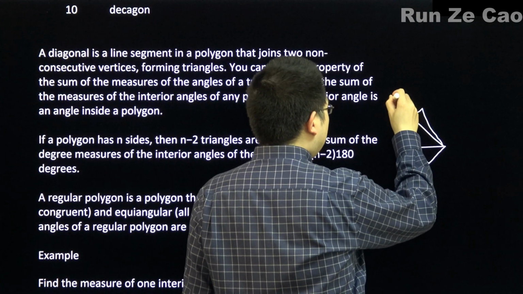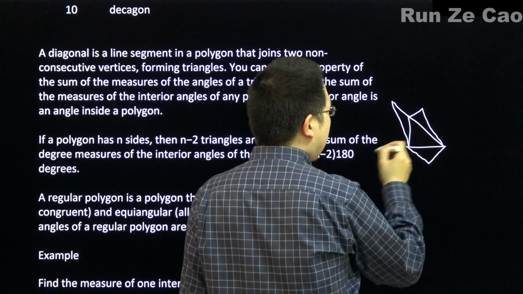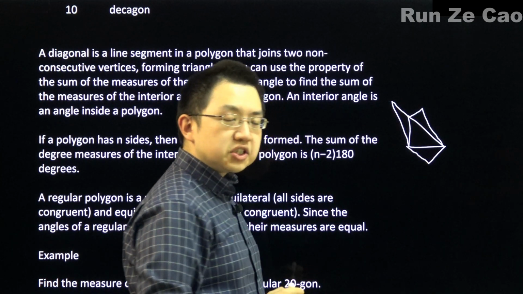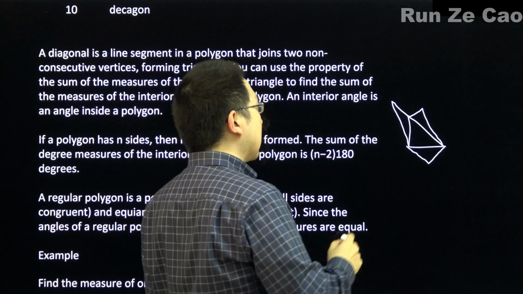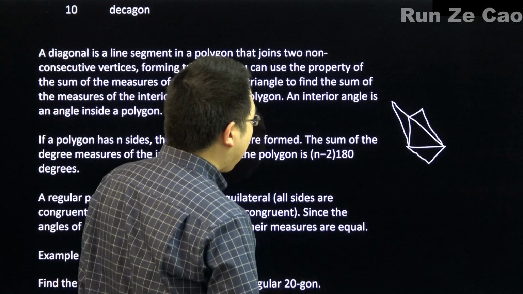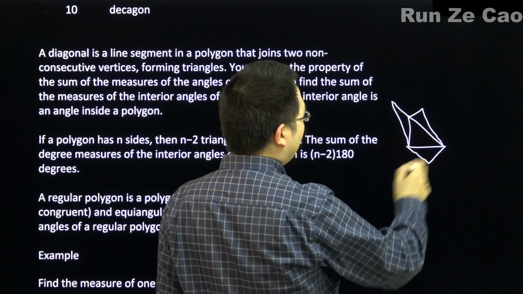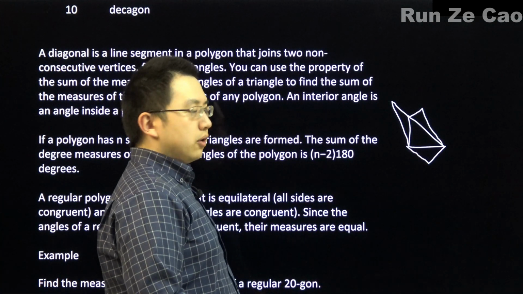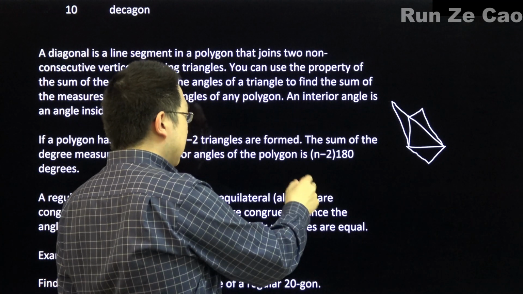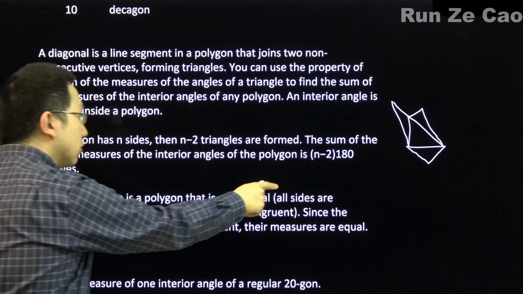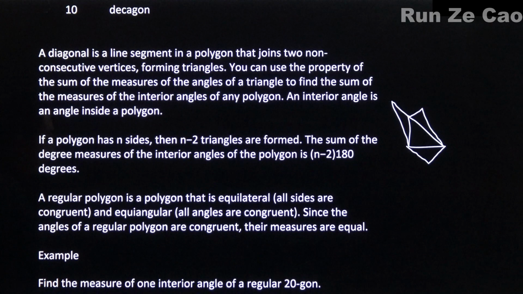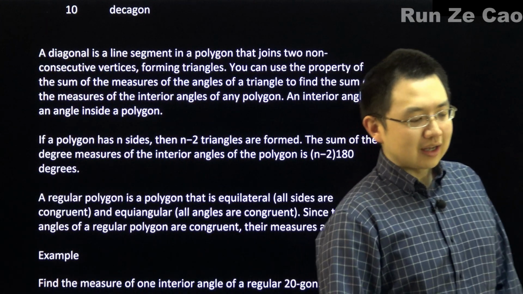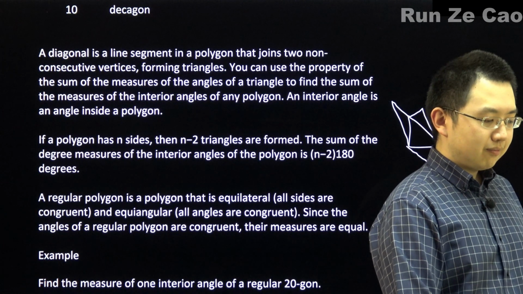As you can see, by covering up one side at a time and adding 2 more sides each time, we can just keep on expanding the polygon with more triangles. So the interior angle sum is still going to be n minus 2 times 180 degrees. Because if you only have 2 sides, you can't have a polygon. You need at least 3 sides.